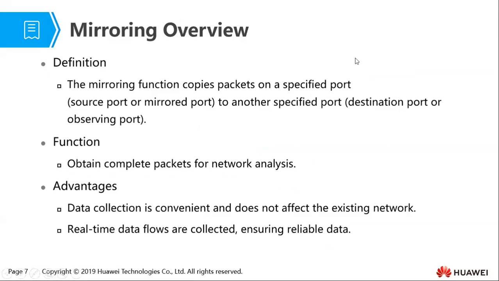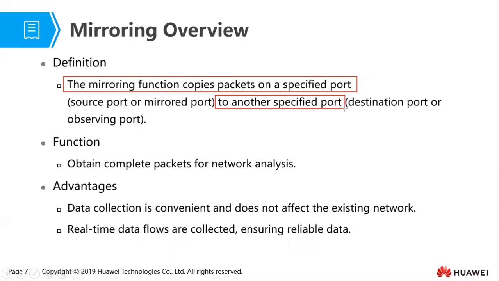So let's look at mirroring. By definition, mirroring function copies packets on a specified port to another specified port. Now, that specified port from which we are copying packets is referred to as a mirrored port or a source port.